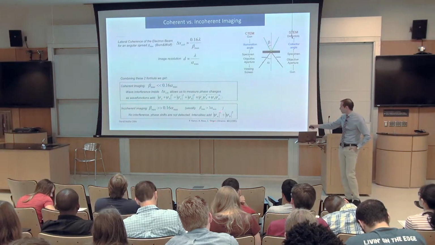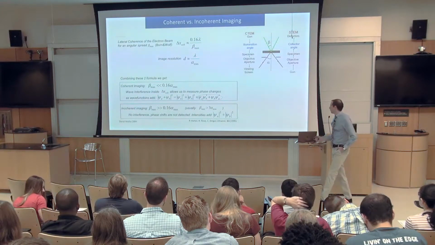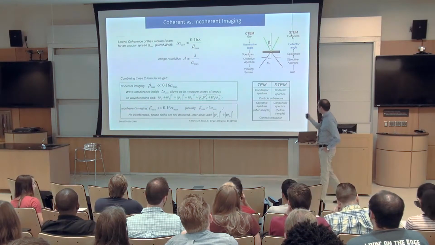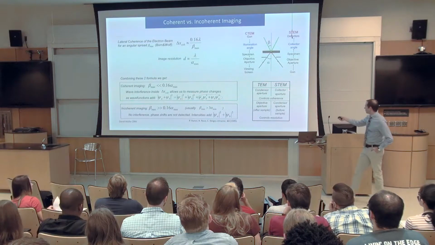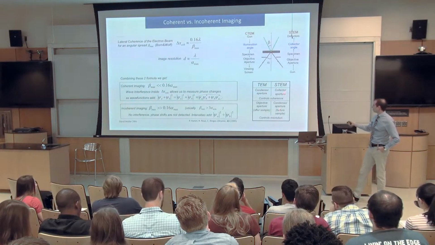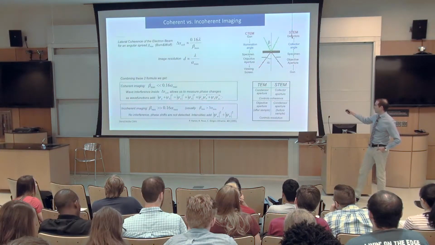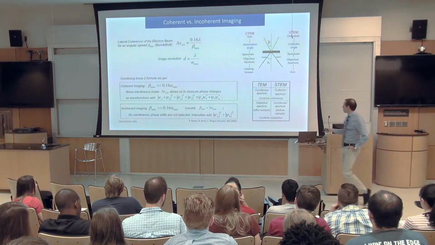And in this case, we can just deal with the intensities of each individual wave. So why is that useful? Just to summarize, coherence is controlled in TEM by your condenser aperture and your collector aperture, and resolution, as we'll find out later, is determined by the angular spread in your objective aperture.